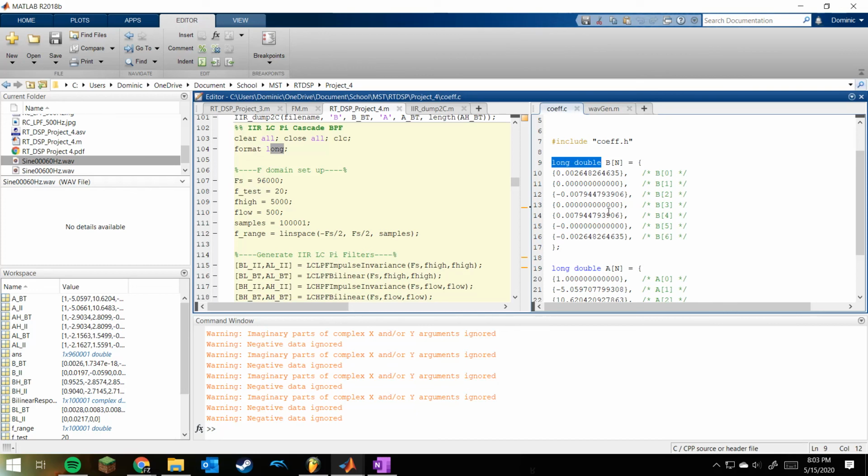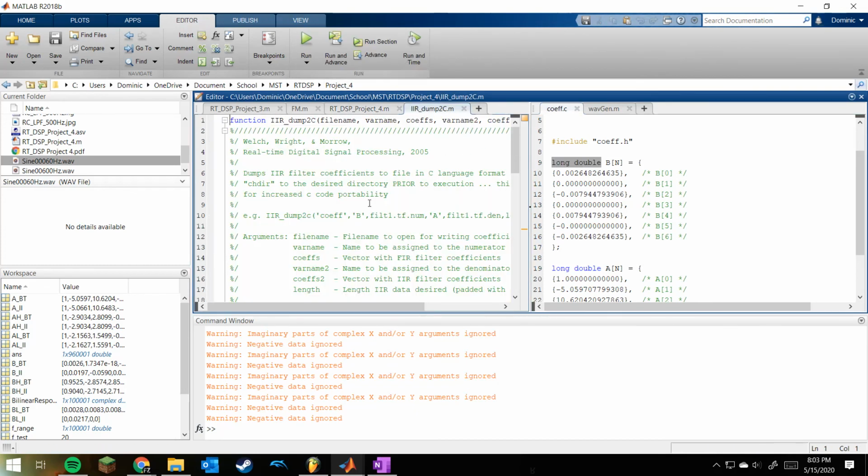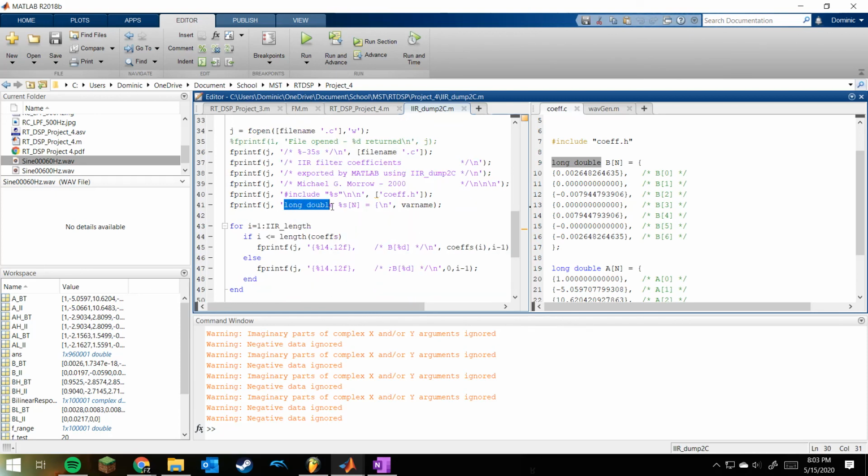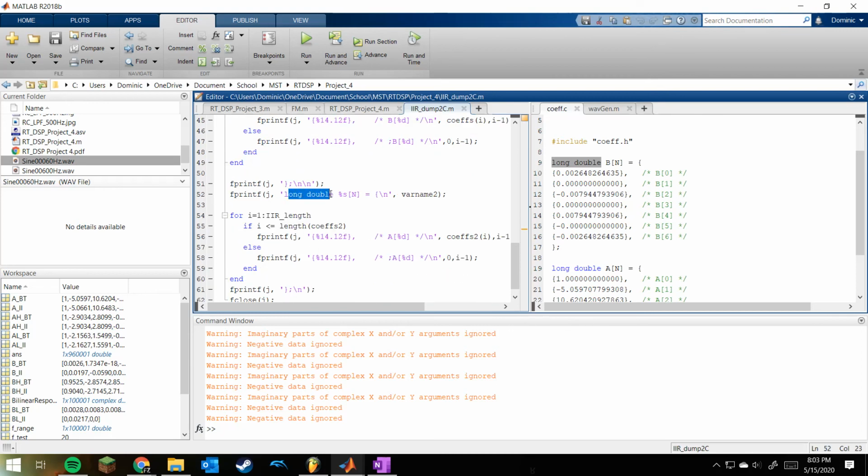So that's essentially what I did. I made a change to the file that writes the coefficients. Here it said extern float. Pretty much anywhere where it said float, I now have it say long double.